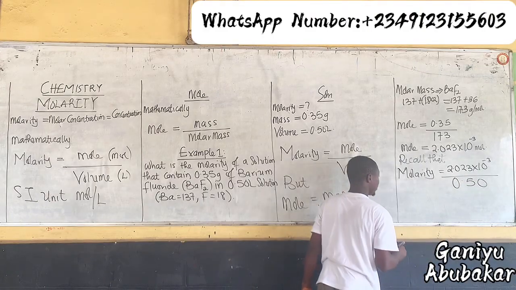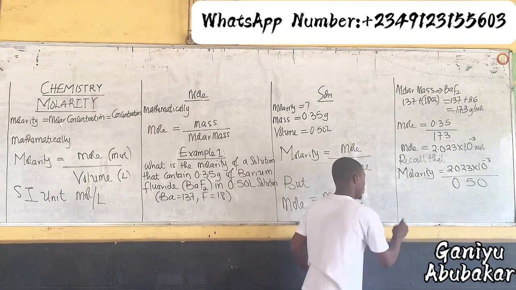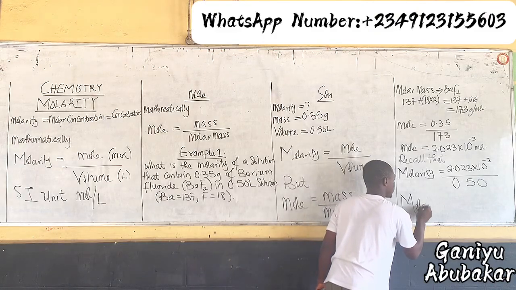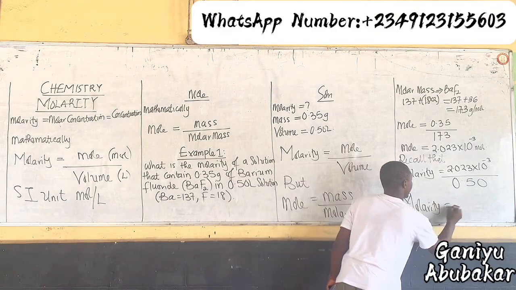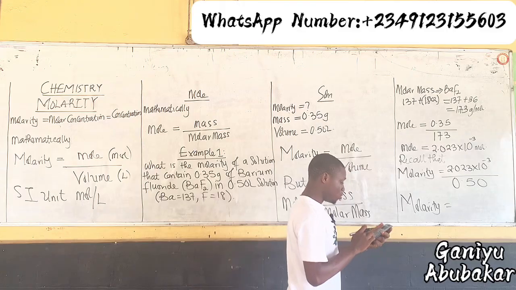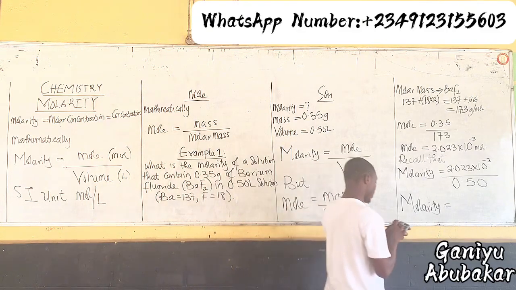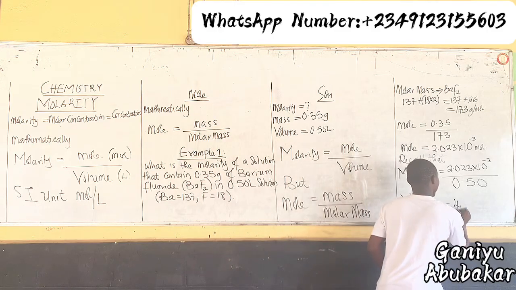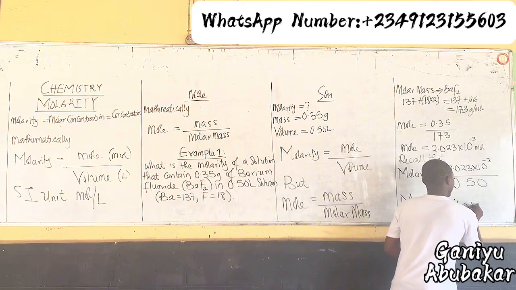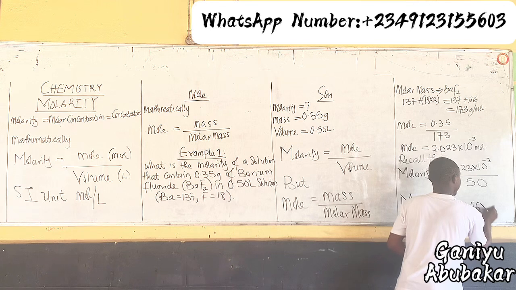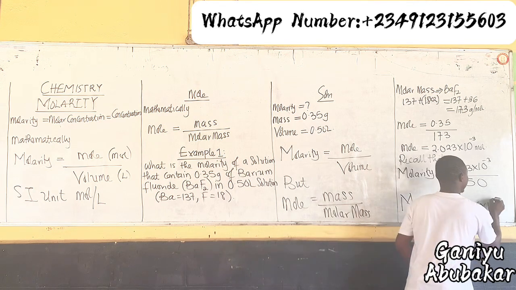Of course, let's get the final answer for molarity. Molarity will be equal in value to about 4.046 times 10 to the power minus 3.